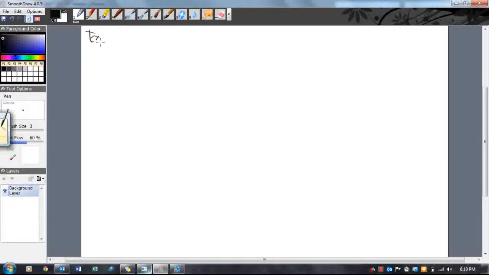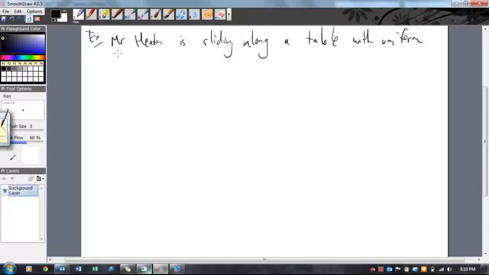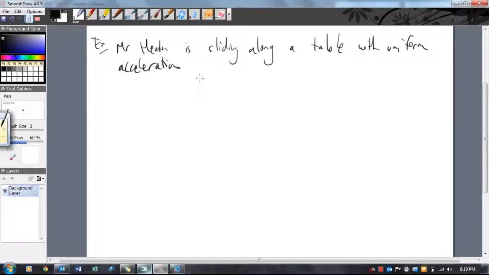Mr. Heaton is sliding along a table with uniform acceleration. That's fun, isn't it? Uniform acceleration, and his initial velocity is 8 meters per second.